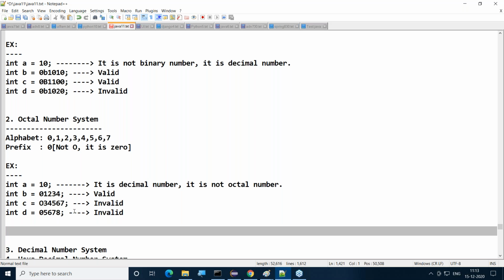This is the meaning of the octal number system, that we can understand now.